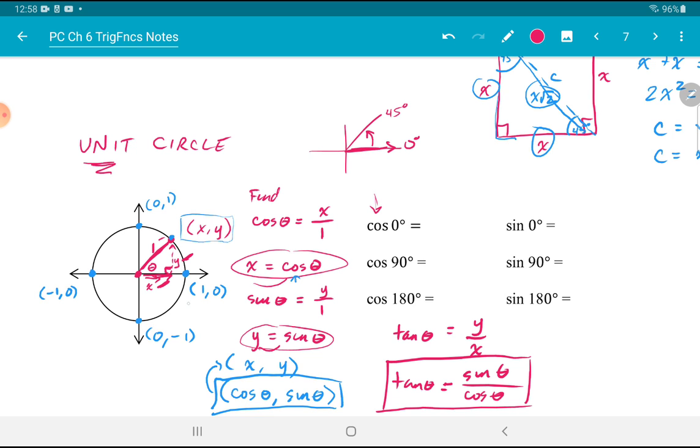It just stays put, which means you're going to be at this point 1, 0. And so if you're trying to find the cosine of 0 degrees, recall how cosine in ordered pair form is the same as the x value in the ordered pair. So cosine of 0 is going to be a measurement of 1. So cosine of 0 equals 1. I'll let you do the rest.